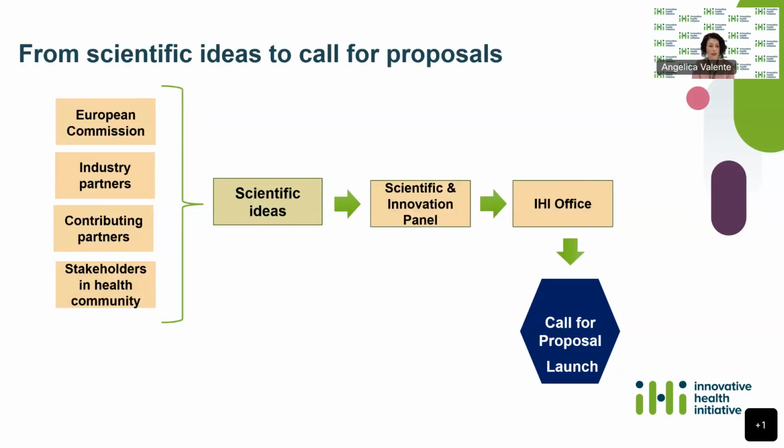These scientific ideas are internally discussed, specifically by the Scientific Innovation Panel, who then decide which scientific idea could become a topic. Thereafter, the IHI office will be in charge of launching the call for proposal for each specific topic.